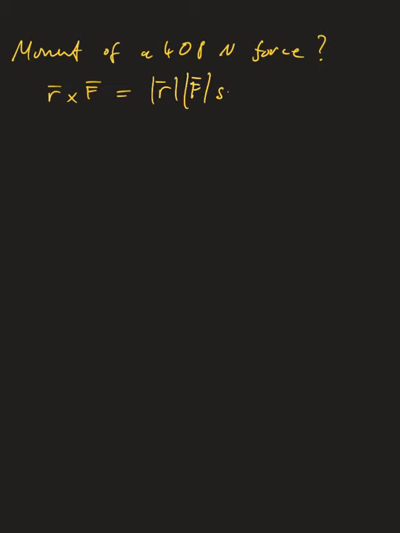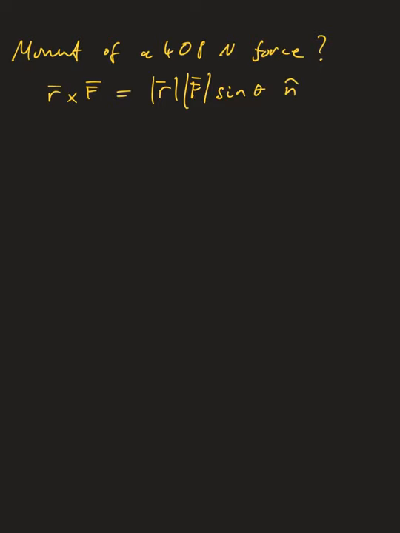Finally, what is the moment of a 408 Newton force? Remember that r cross f is equal to the magnitude of r times the magnitude of f times the sine of the angle between them times some unit vector.